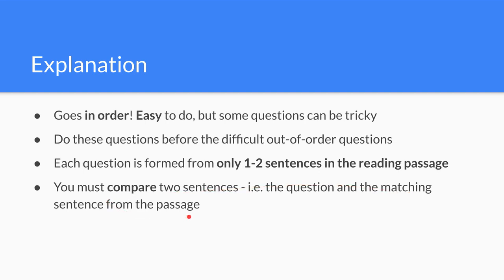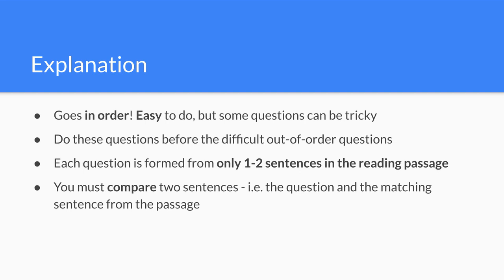So basically, you're going to see what the question is saying and what the reading passage is saying. And we are, of course, looking at only the 1 to 2 sentences from the reading passage in which we have located our keywords. So we are comparing this sentence from the reading passage to the sentence from the question, and we want to see by comparing if the information agrees with each other.